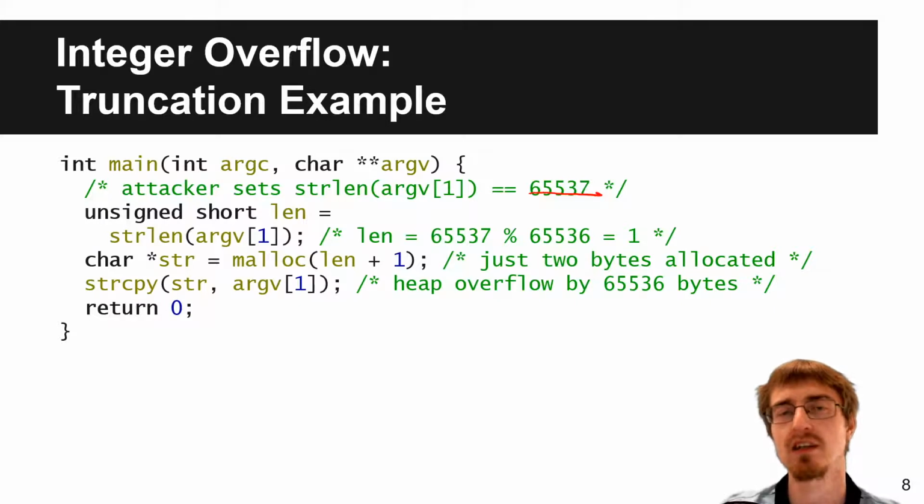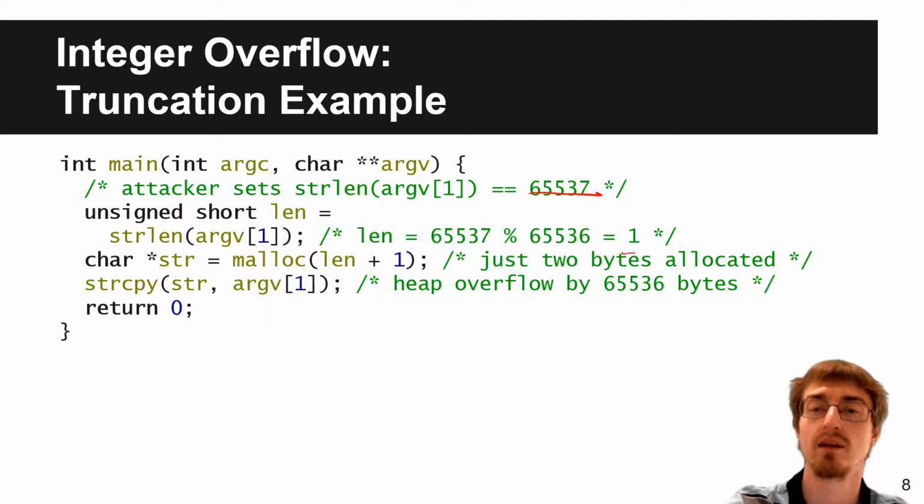And the modulus in this case is 2 to the power 16, which is 65,536. So when we assign the length to the unsigned short, what happens is it is truncated by computing the remainder after dividing by 65,536. And the result is simply 1.